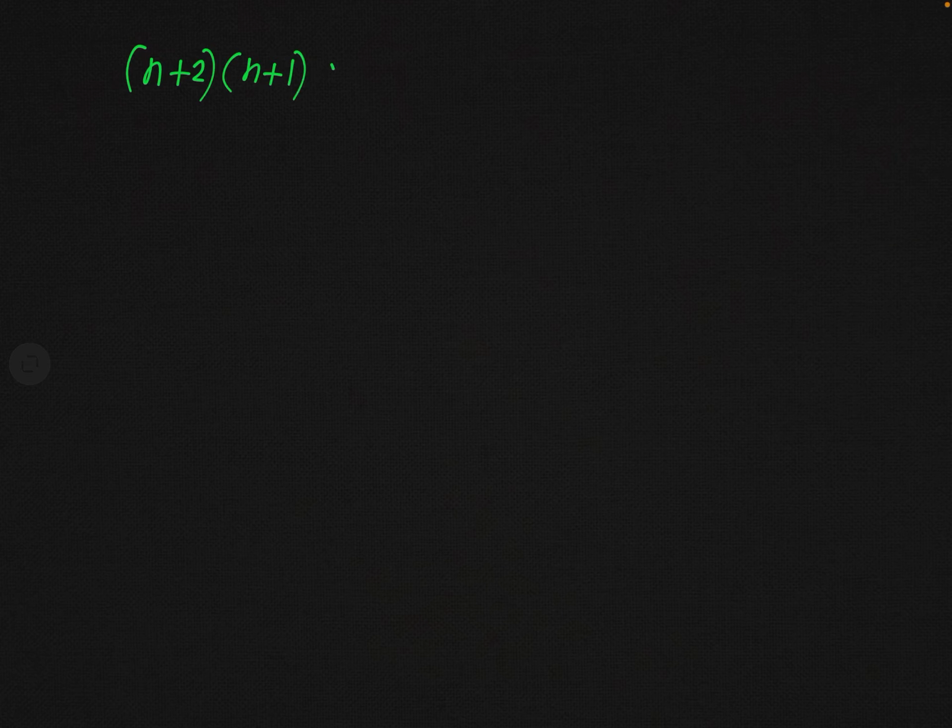So the coefficient of x to the power n is simply n plus 2 into n plus 1 into a n plus 2 plus a n minus 2, and this is equal to 0.